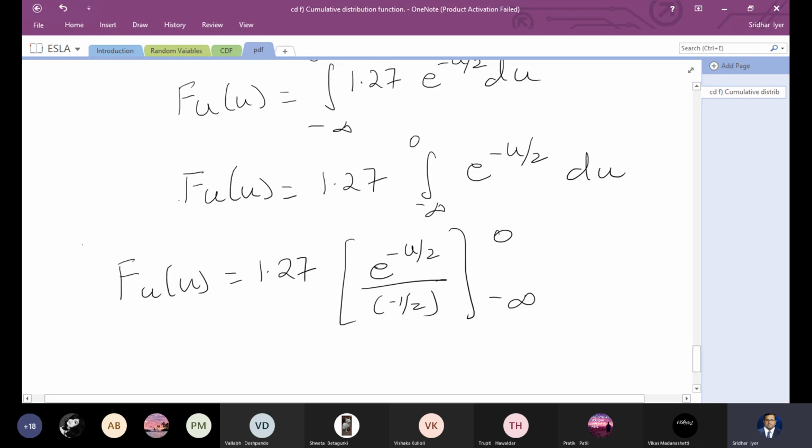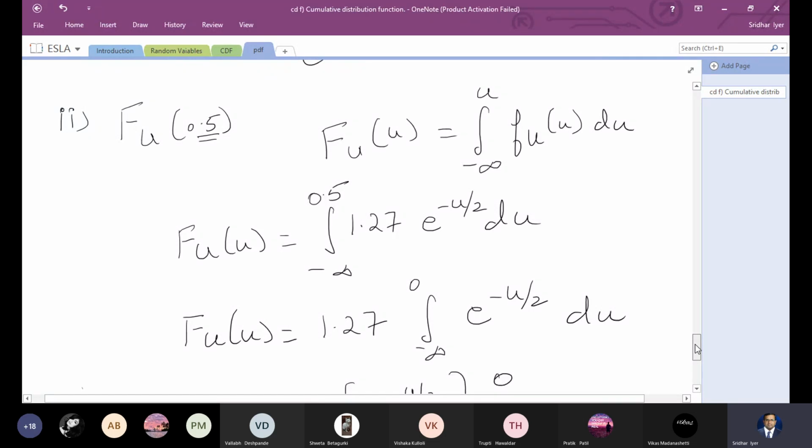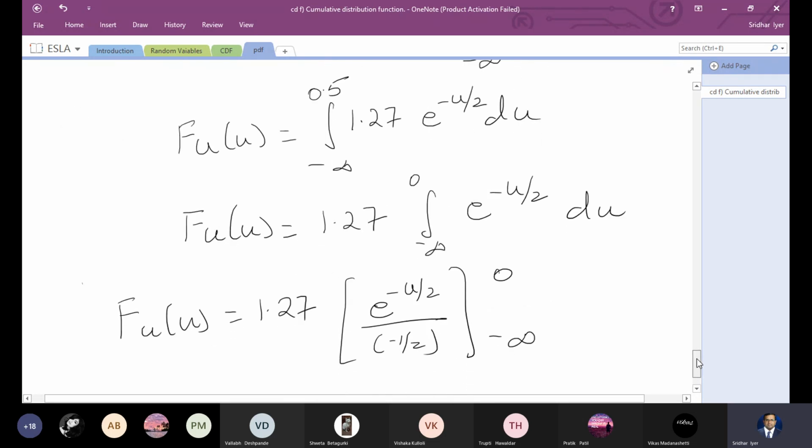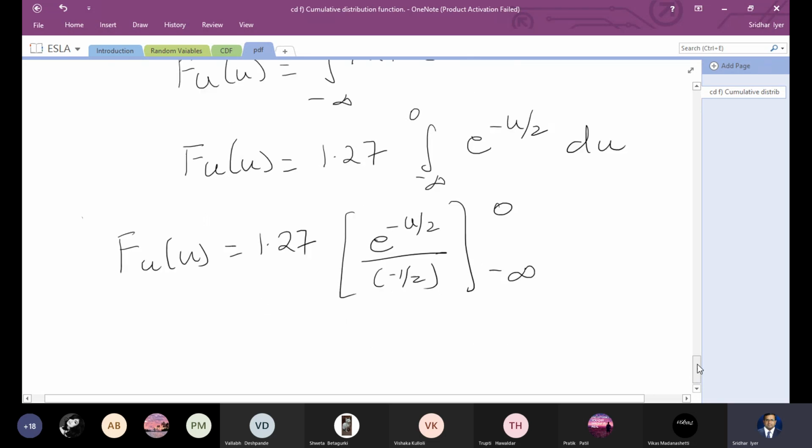So we are calculating fu of u, that is this CDF, at 0.5, because this value of 0.5 is given to us, right? So all I have to do is integrate this in the form of u and then find the value at 0.5, right? So can anyone tell me the answer to this?